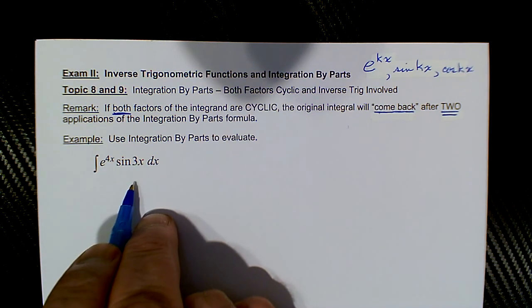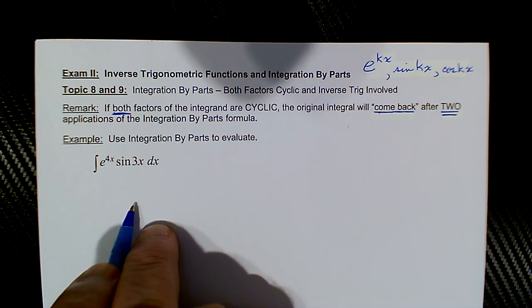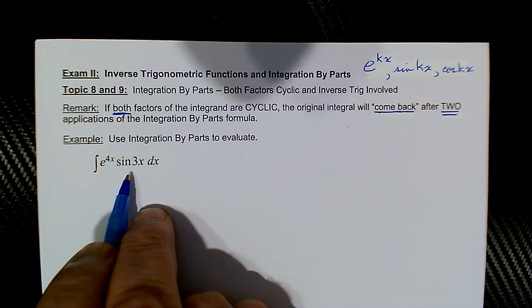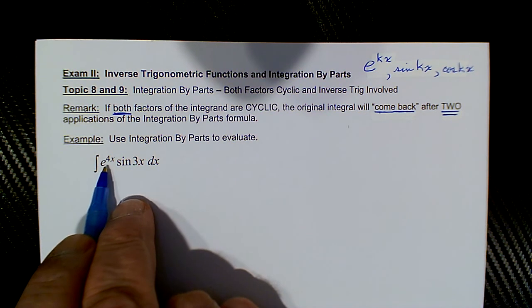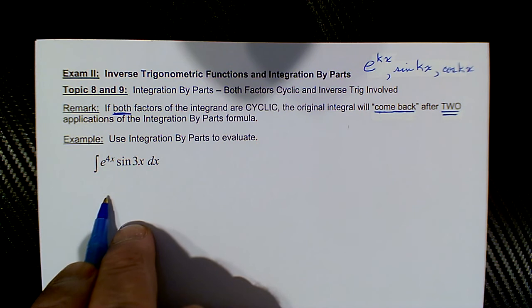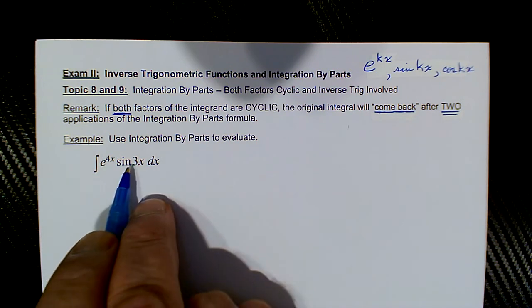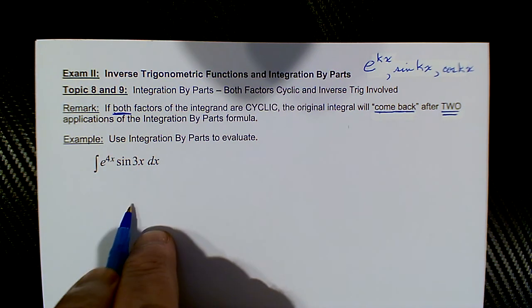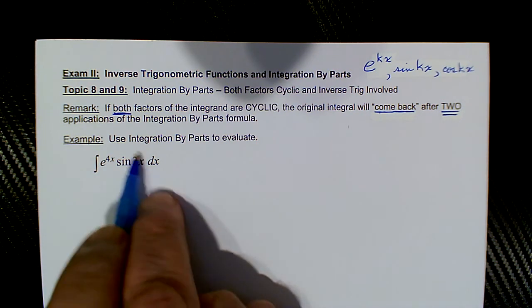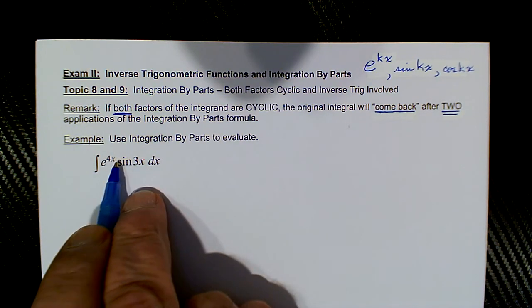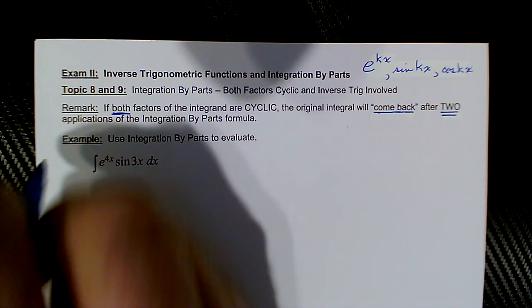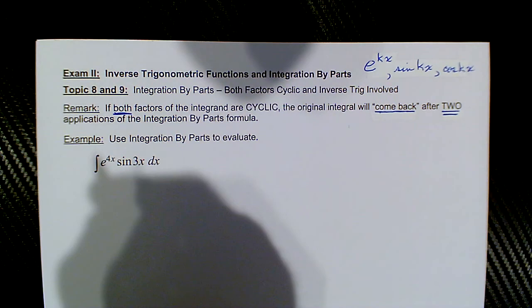Sine is going to change to cosine, but then one more differentiation or integration is going to bring us back to sine. So two applications of the integration by parts formula, e goes to e and it stays as e, just modified by constants. Sine goes to cosine but comes back to sine. So this original integral is going to come back after two applications of integration by parts.